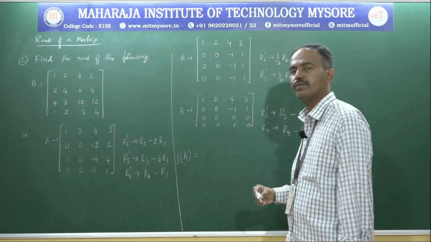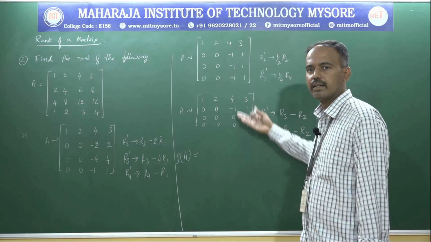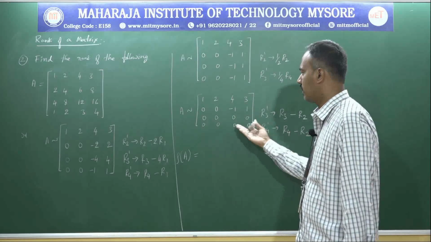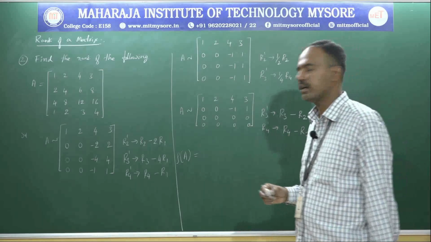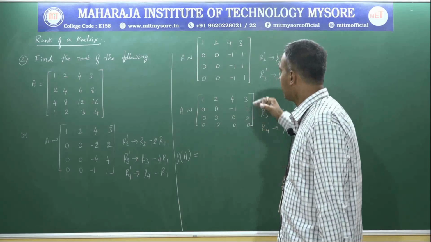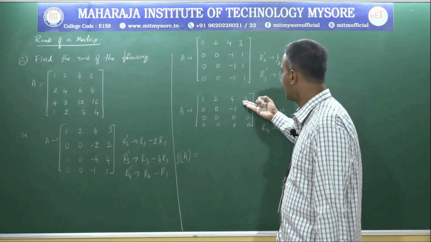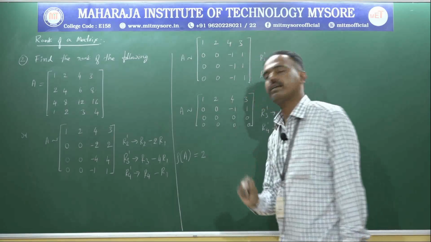If any 0 rows are available, they should come under the non-zero rows here. Here there are two non-zero rows, and two 0 rows are available here. Now for the rank of the matrix A, first identify how many non-zero rows are available. In total, two non-zero rows are available here. That's why the rank of the matrix is 2 here.